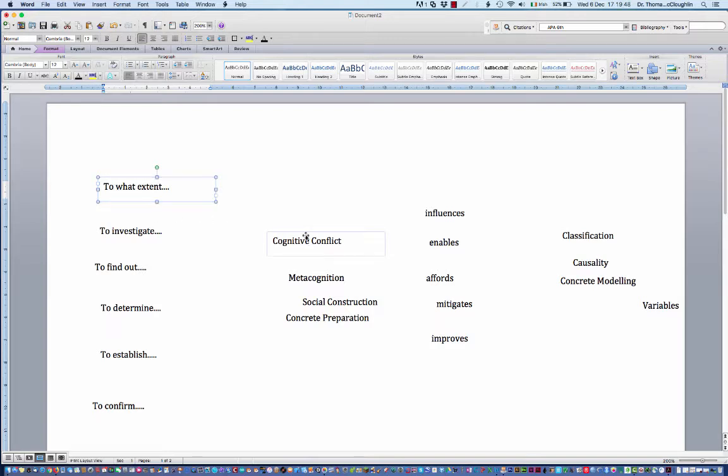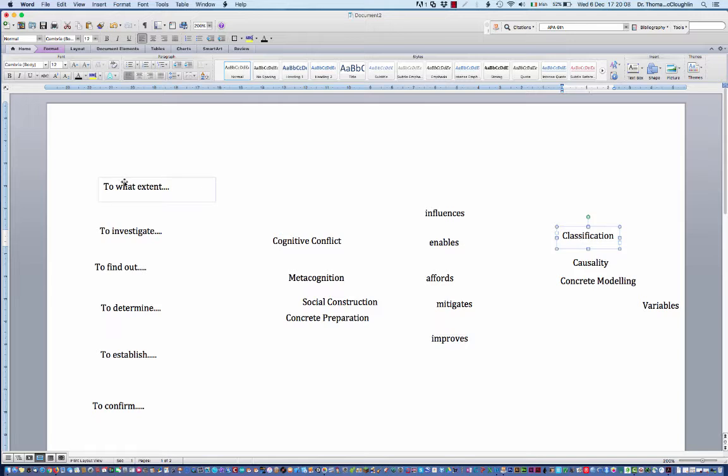We have a variable, which I was saying is the horizontal issue. We have the connector, and then we have the vertical issue, which is the schema.